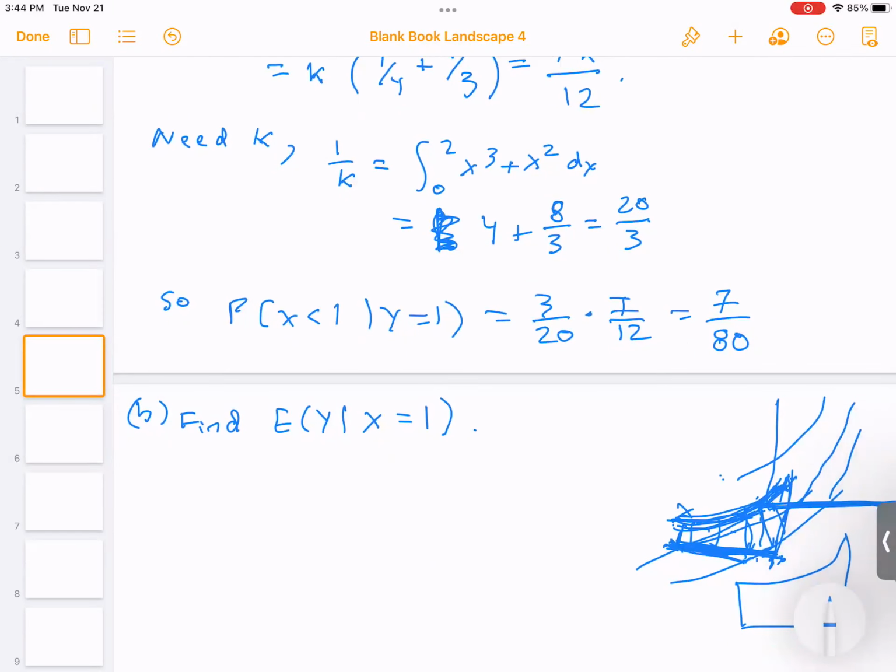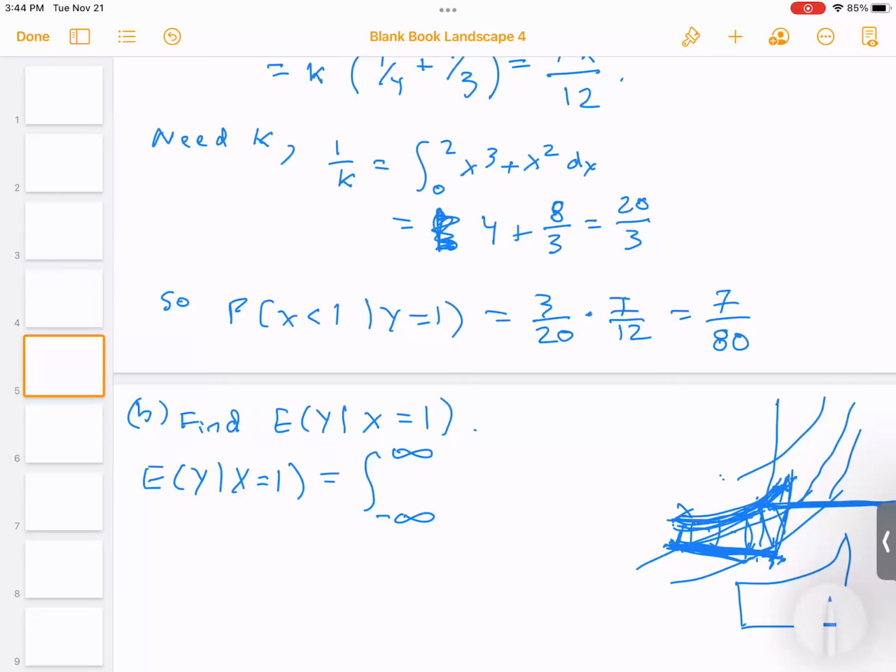All right. So what do you think? Let's try it together. So E of Y given X equals 1 is equal to, I need to integrate over all of X. I could write 0 to 2 right now, since I know that's the right range. I can always write this because the conditional density will be 0 elsewhere.